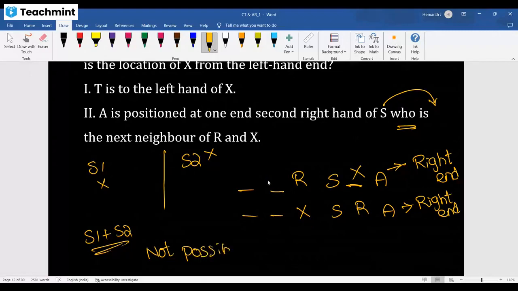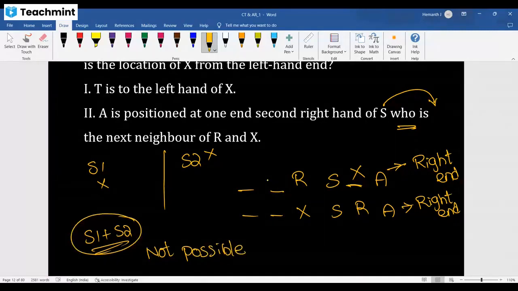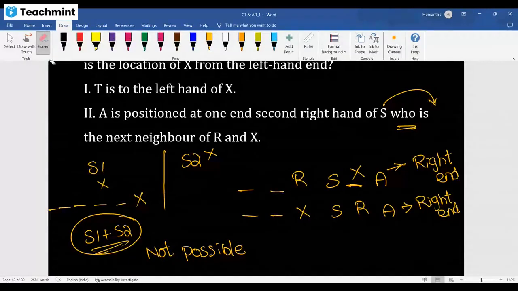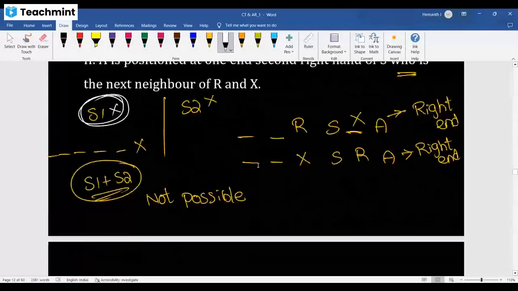T I can put here, T I can put here, X here. Left hand means it is not immediate left only. X's left side, T, it can be any of these positions. We cannot decide. There is no particular place we can decide. So together not sufficient.